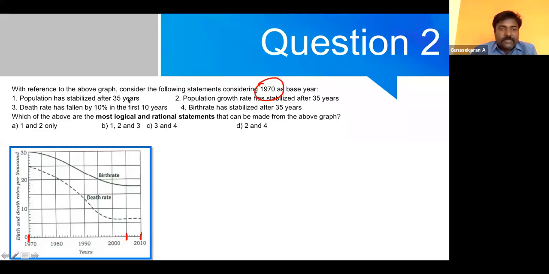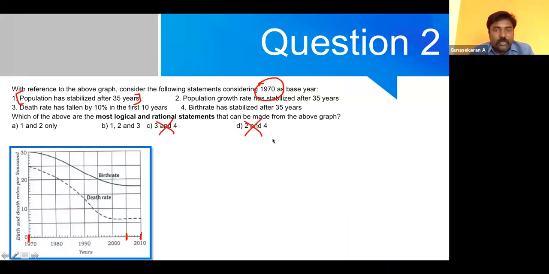Population was stabilized after 35 years, whether it is true or false. Yes, after that it is stabilized. So one is true. Understand? Most logical and rational statement.